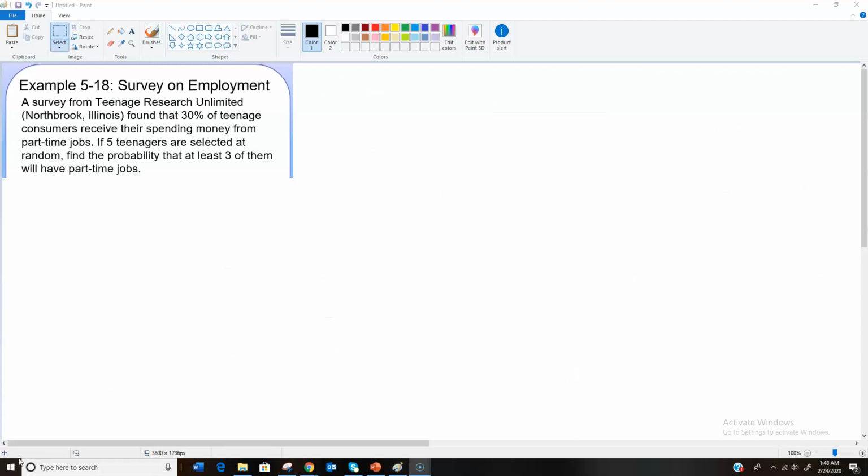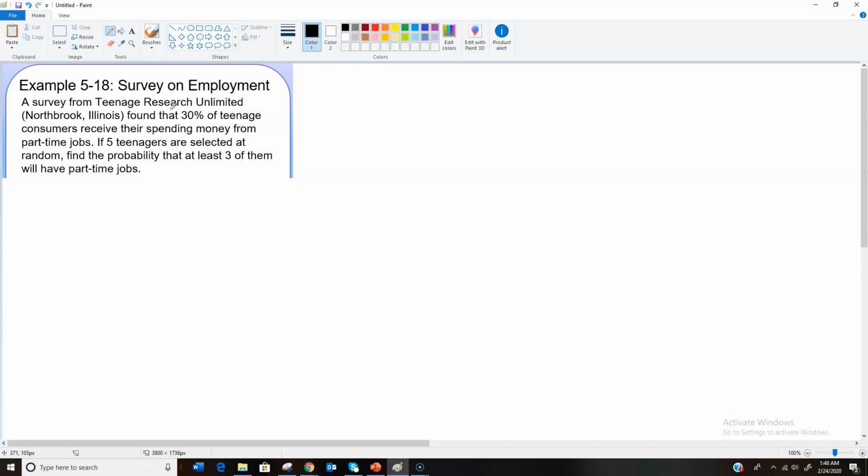So our next problem says a survey from Teenage Research Unlimited in Northbrook, Illinois, found that 30% of teenage consumers receive their spending money from part-time jobs. So the other 70% either don't have spending money or they get their spending money from their parents.